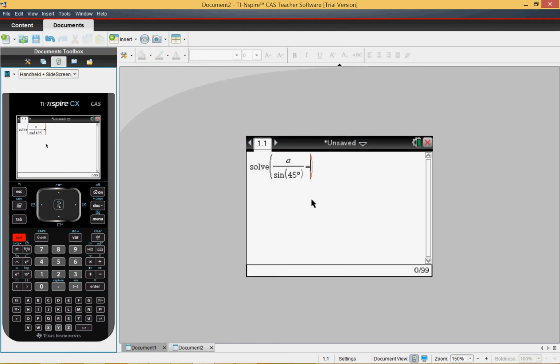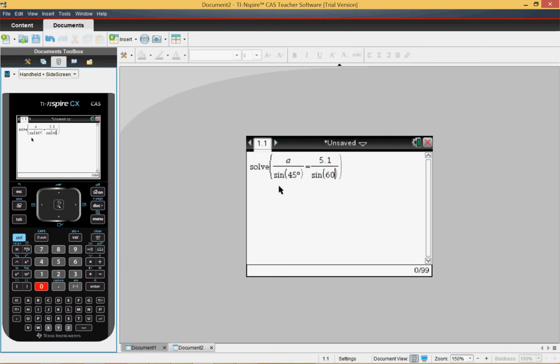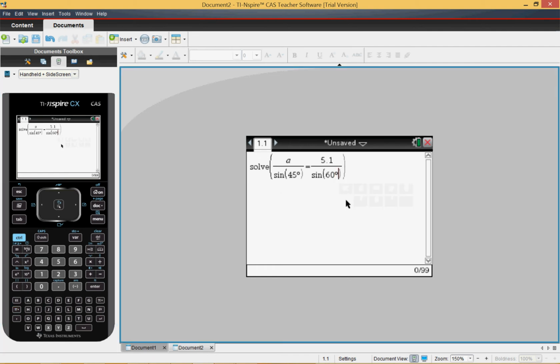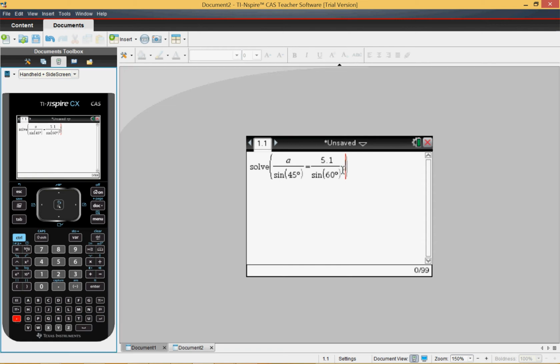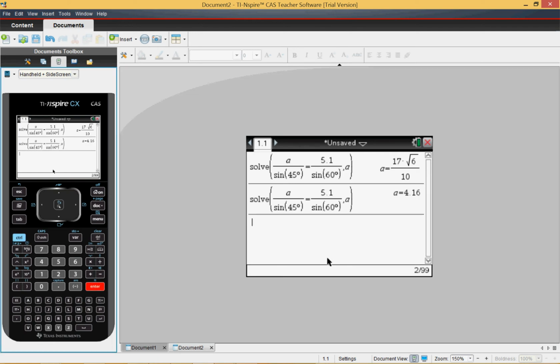So control this 5.1 over sine of 60 degrees. Be careful, what are we solving for? So we need to do comma A. And 17 root 6 on 10. No, that's just giving you the exact value. 4.16. Is that right? Yeah.